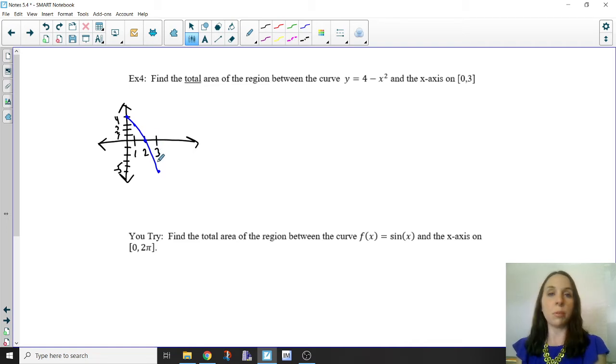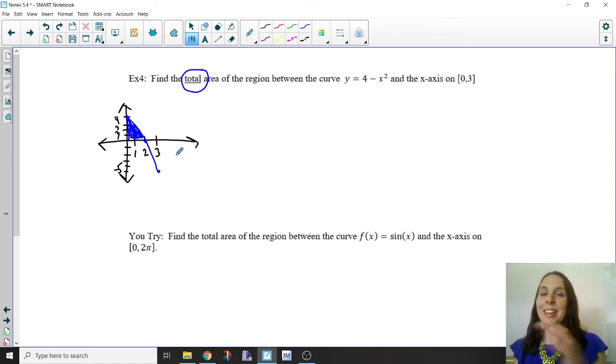were just to set up the integral from 0 to 3 of 4 minus x squared dx and find that value. We are trying to, however, find total area. So we don't want this area to be counted as negative. Okay, one of the ways that you can do it is you can say, well, I know that the integral from 0 to 2 is going to all be counted as positive.